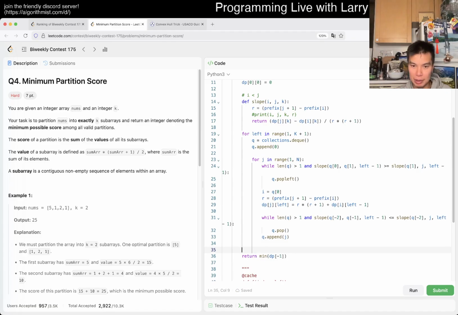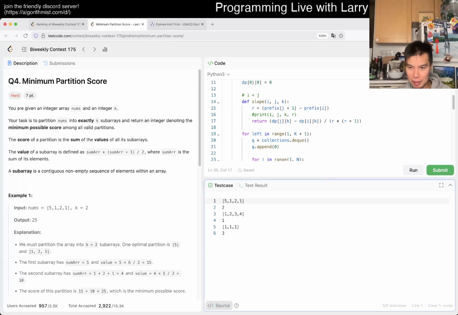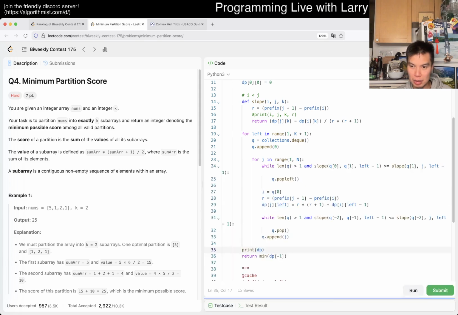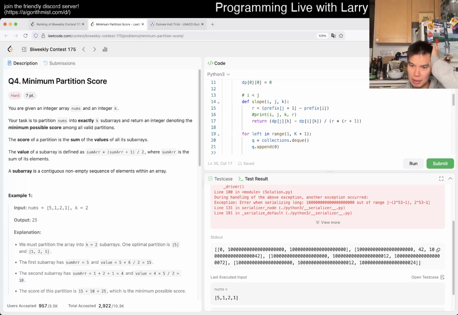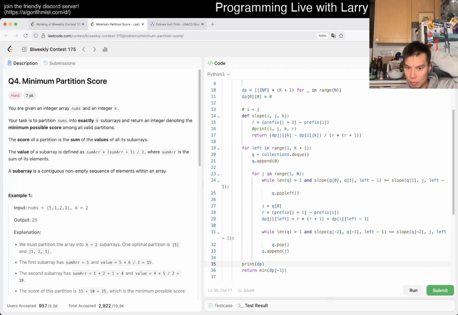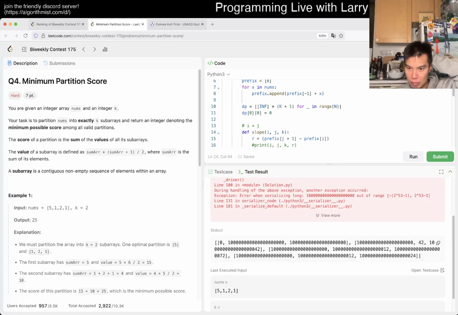I'll just print DP then and see what happens. Should be okay for the first couple. I mean, maybe not. Is this the right base case? I mean, it looks okay as a base case, because 42. No, 42 is definitely wrong.